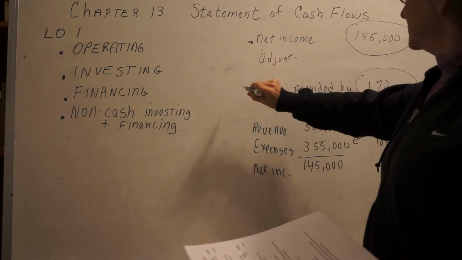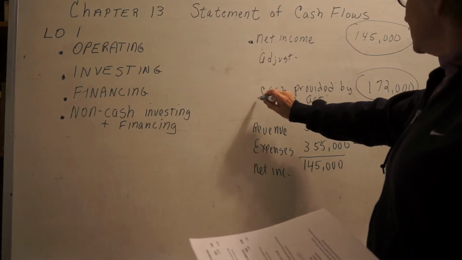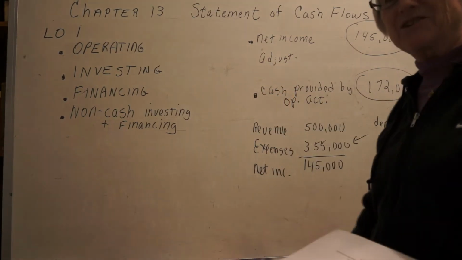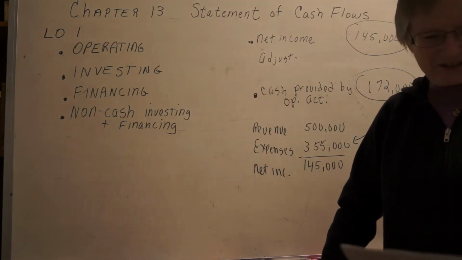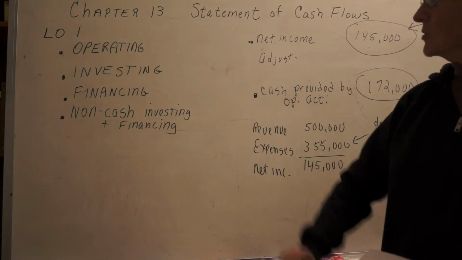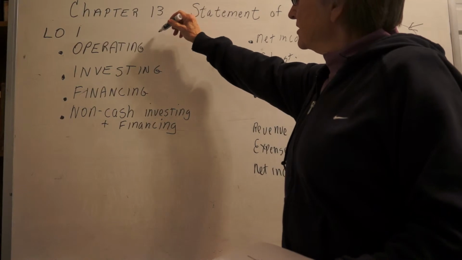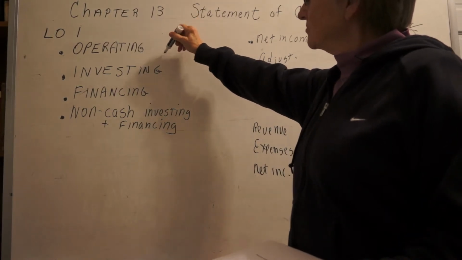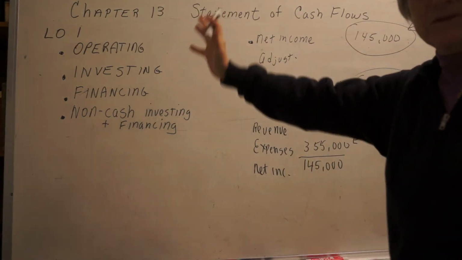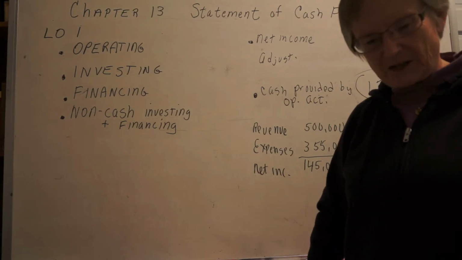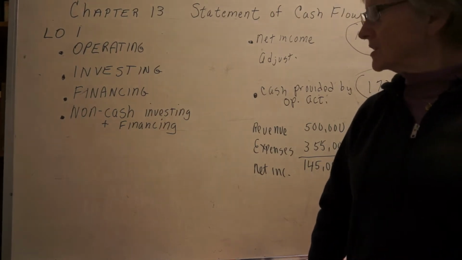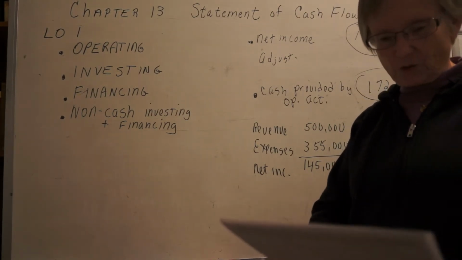We start at net income, we make these adjustments, and we get to the actual cash that was generated by that net income. Okay, so operating is the only section where we do that. We start with the net income, we make the adjustments, we get the cash provided by operating activities. Investing activities are fairly straightforward.